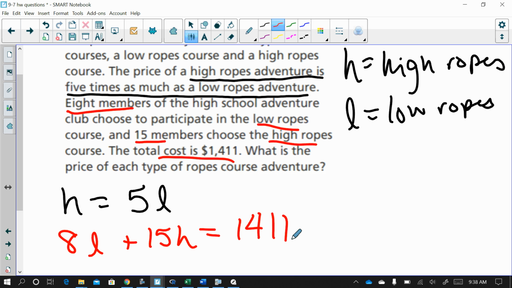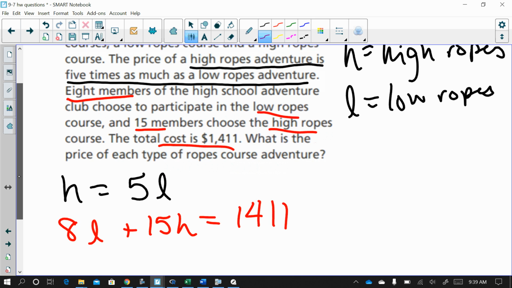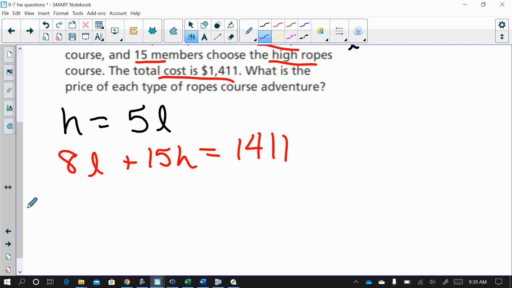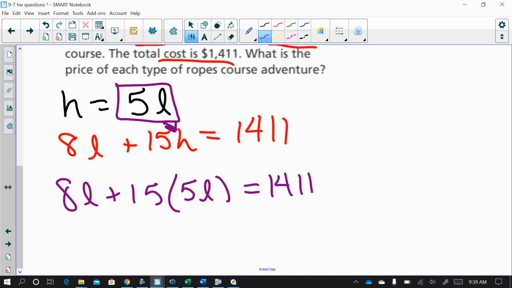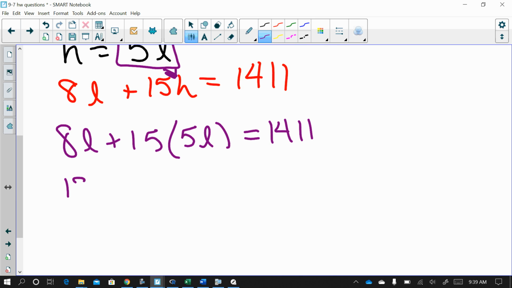So substitution, elimination, or graphing. This looks like substitution really easily to me. Let's solve this. 8L plus 15, but instead of writing H, I'm going to write 5L, equals 14.11. Let's simplify. 8L, and 15 times 5 is 75.